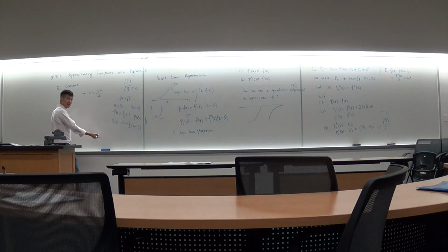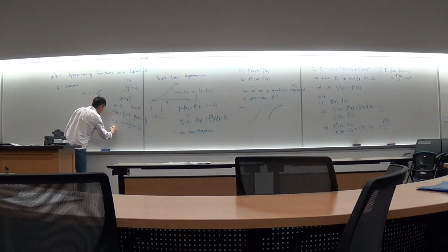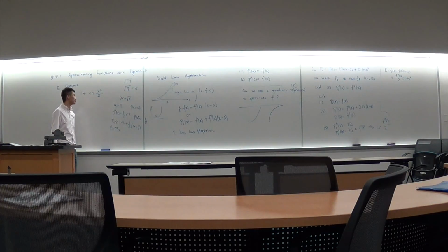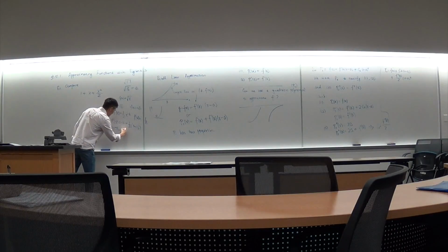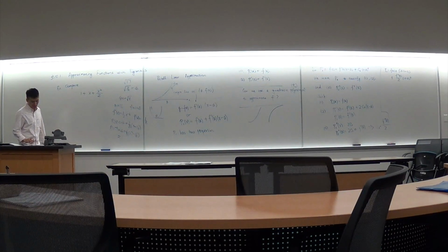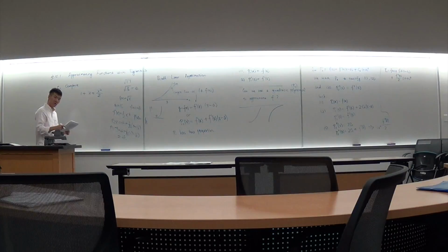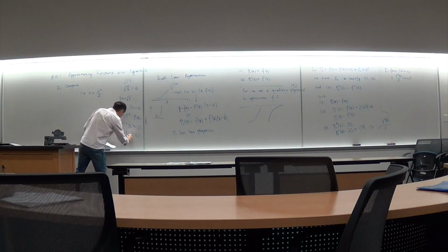Simply plug in 17 here. 17 is pretty close to 16, not that close, but relatively close. So P1 of 17 is equal to 4 plus 1/8 times 17 minus 16, and this is equal to 4.125.